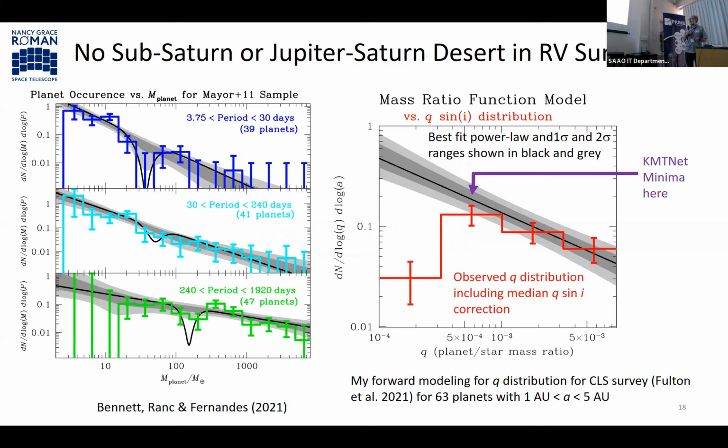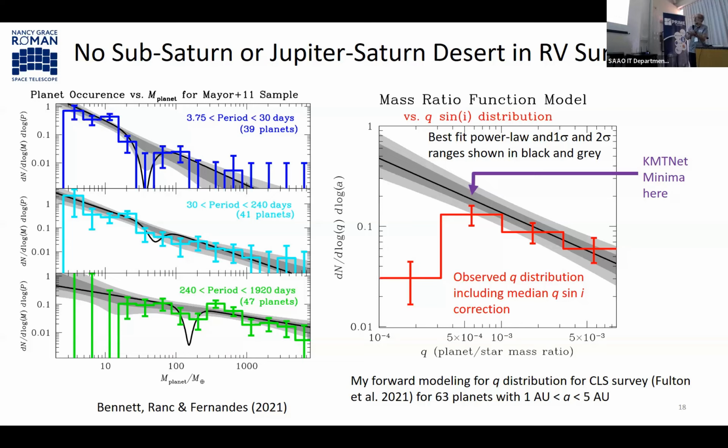But they do see a somewhat smaller deficit than predicted at larger mass ratios, which would be a Jupiter-Saturn mass ratio desert.